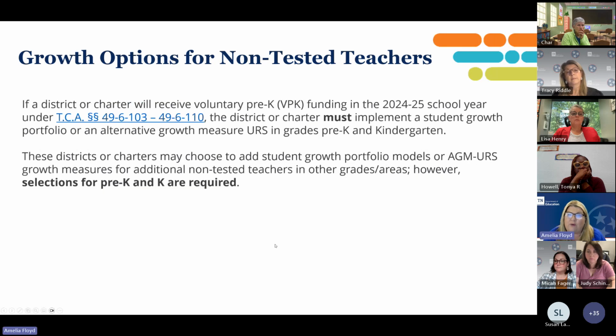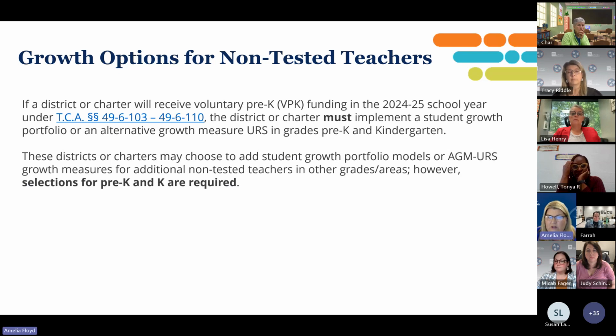If a district or charter receives voluntary pre-K money for 24-25, TCA mandates that the district or charter must implement a student growth portfolio or an alternative growth measure, URS, in grades pre-K and kindergarten.